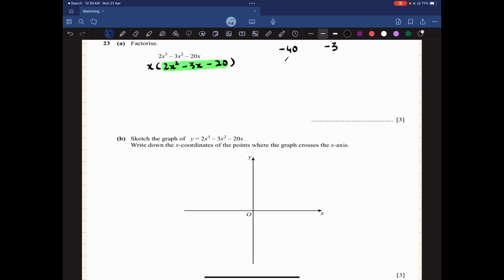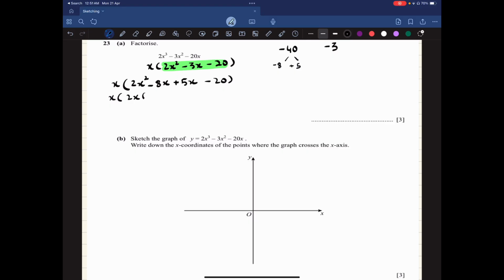So we can use negative 8 and 5. Yes, so negative 8 into 5 is negative 40, and negative 8 plus 5 is negative 3. Great. So x into 2x squared minus 8x plus 5x minus 20.